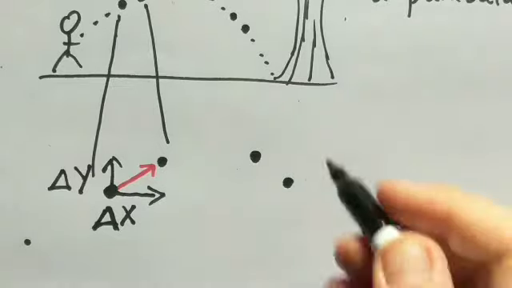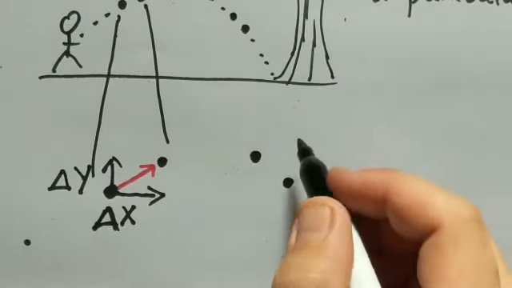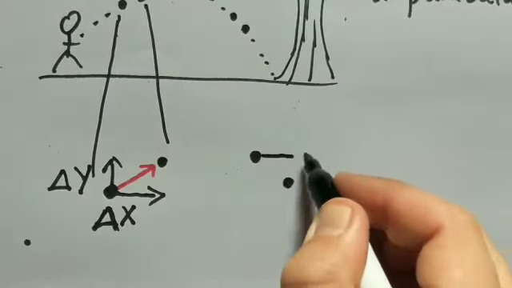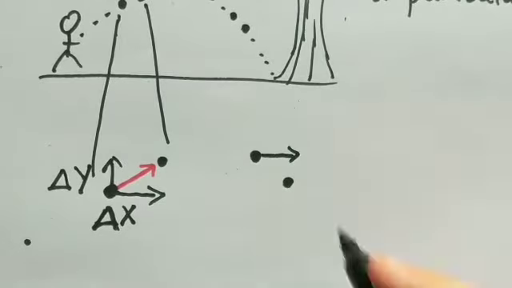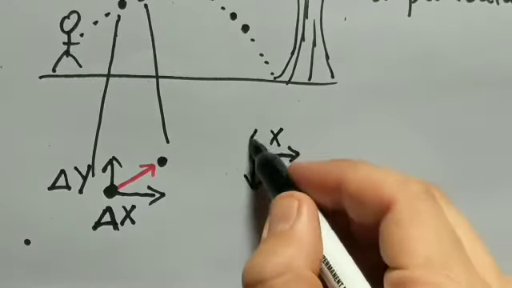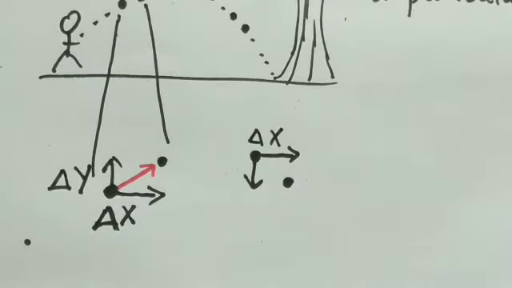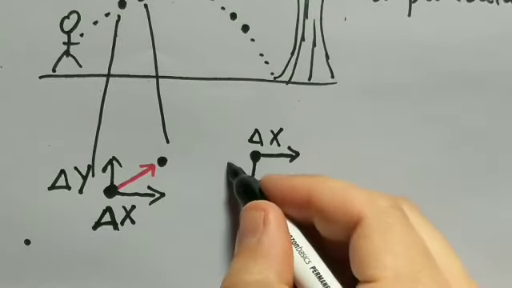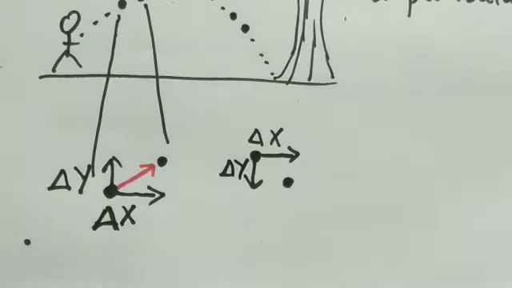So my object, my rock, my ball, whatever I threw at the mango, is still going to the right. But now, instead of going up, it is going down. So it still had some delta x, some change in position x, and it has some delta y. Are those delta x's and delta y's from point in time 1 to point in time 2 the same?